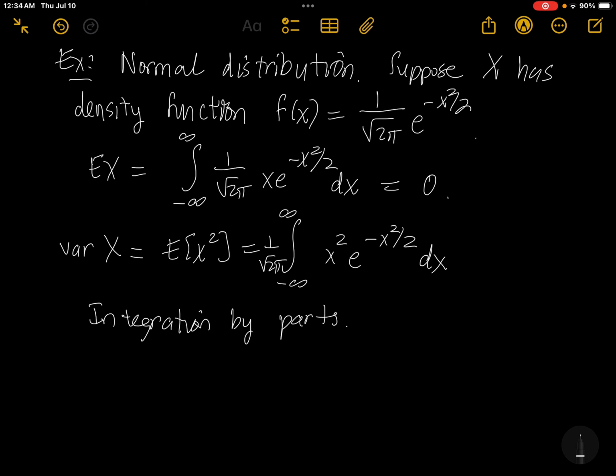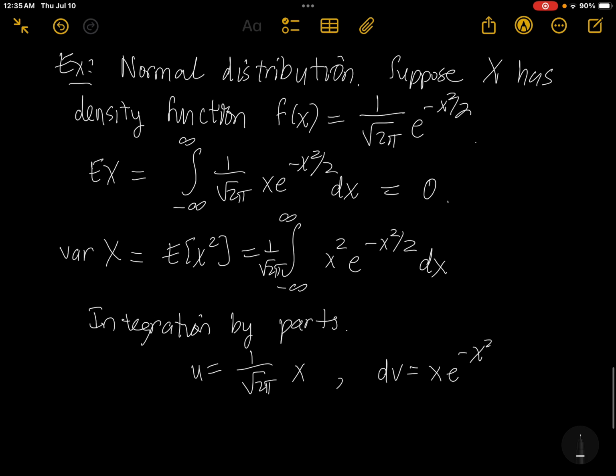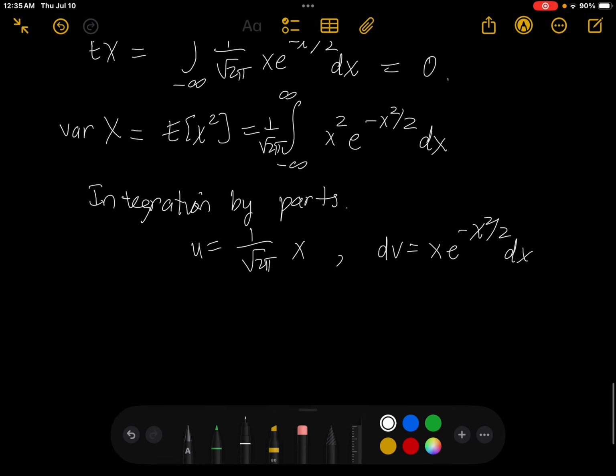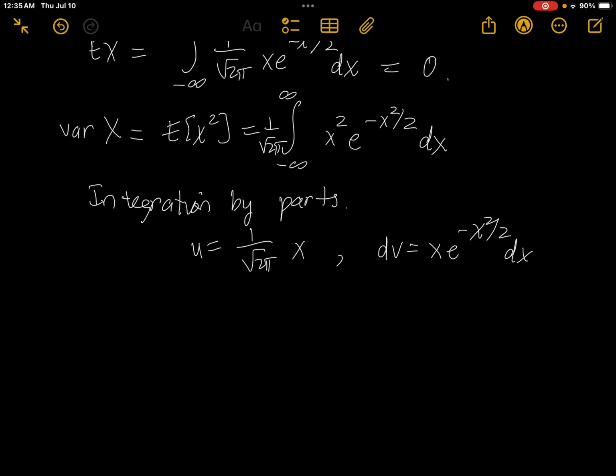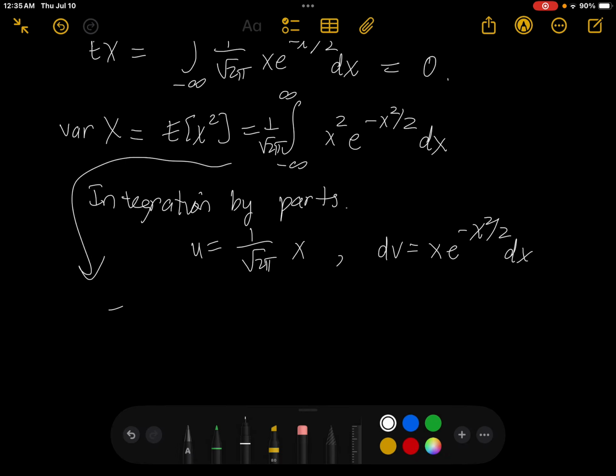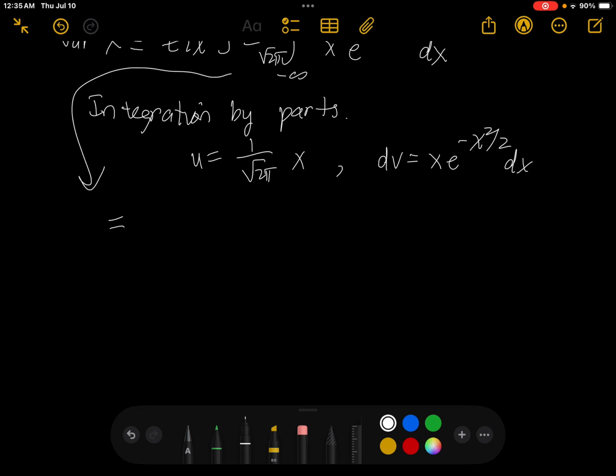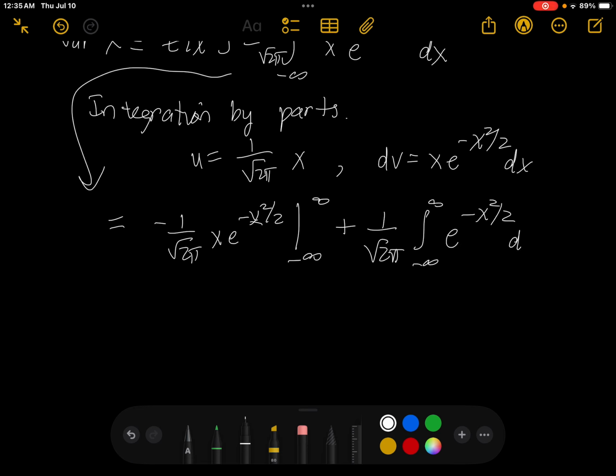And it turns out that if you use u equals 1 over root 2 pi x, and dv equals the rest, x e to the minus x squared over 2 dx, then you end up getting that this integral is equal to negative 1 over root 2 pi times x e to the minus x squared over 2, evaluated from minus infinity to infinity, plus 1 over root 2 pi times the integral from minus infinity to infinity of e to the minus x squared over 2 dx.